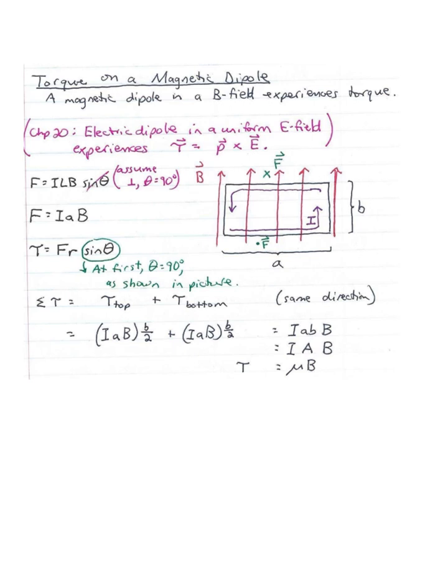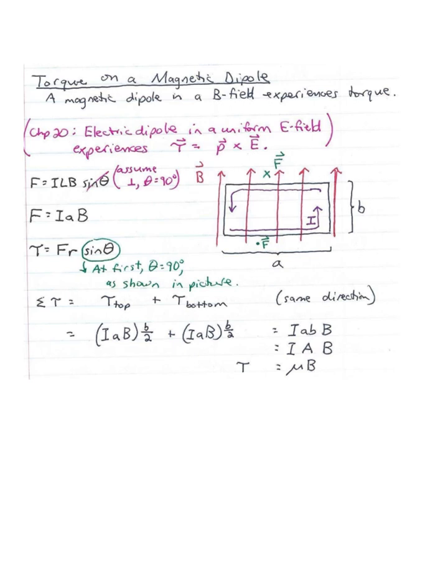I want to think about the torque on a magnetic dipole. Now, a magnetic dipole in a magnetic field experiences a torque. In chapter 20, when we were talking about electric dipoles in a uniform electric field, we saw that an electric dipole experiences a torque that's equal to the cross product of the electric dipole moment and the electric field.